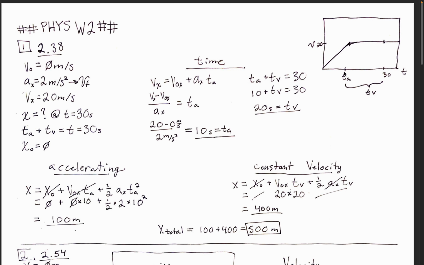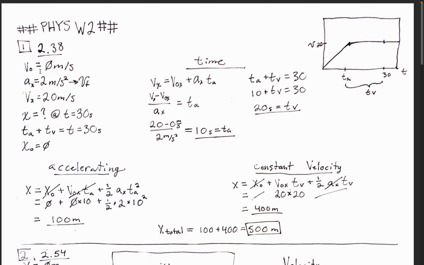And then the question is asking how far it has traveled within 30 seconds. So if you go over here to the graph at 30 seconds, then the time that it's traveling at constant velocity, we say is TV, and that's between TA and 30.